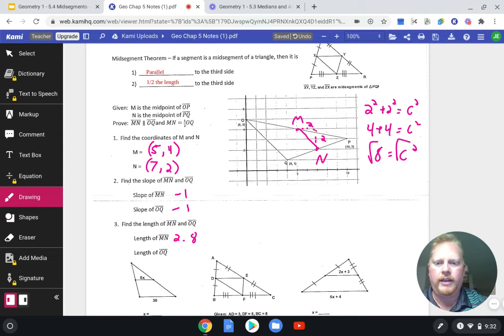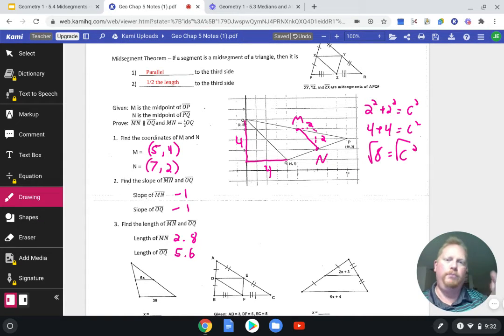And so if I find the length of OQ, I can make another little right triangle there. That side is 4, that side is 4. If I go ahead and do that, that's going to be the square root of 32, which is 5.6. And in case you didn't know, 2.8 is exactly half the length of 5.6.